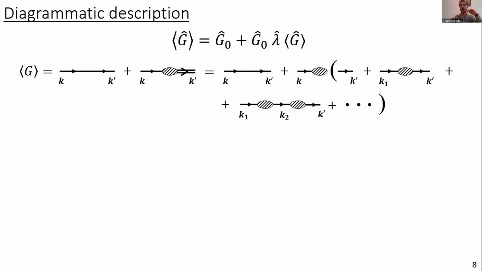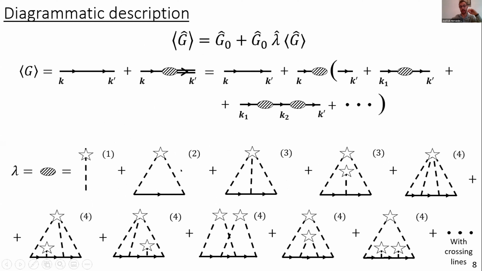Well, also this admits a self-energy description where the self-energy contains all the information about the scattering process. So diagrammatically, it will correspond to taking into account all the fundamental interactions with the impurities. Diagrammatically, it will correspond to those diagrams.